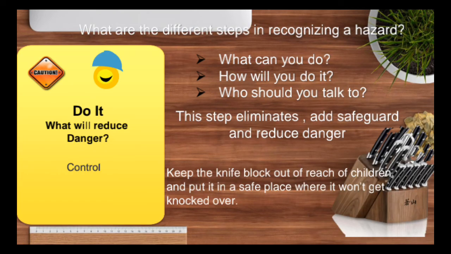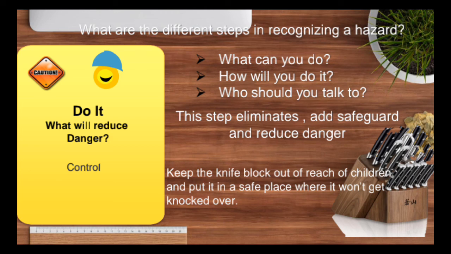The last step is do it. What will reduce danger? In this step, you are going to control the hazard in order to avoid risk. These are the questions: What can you do? How will you do it? Who should you talk to? This step eliminates, adds safeguard, and reduces danger.